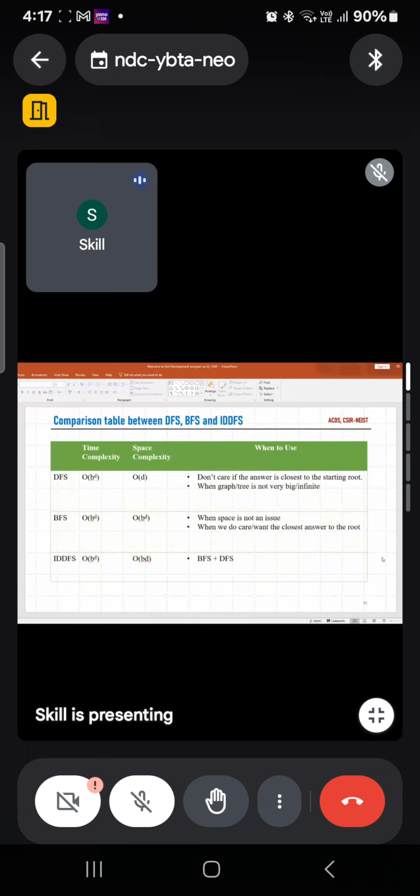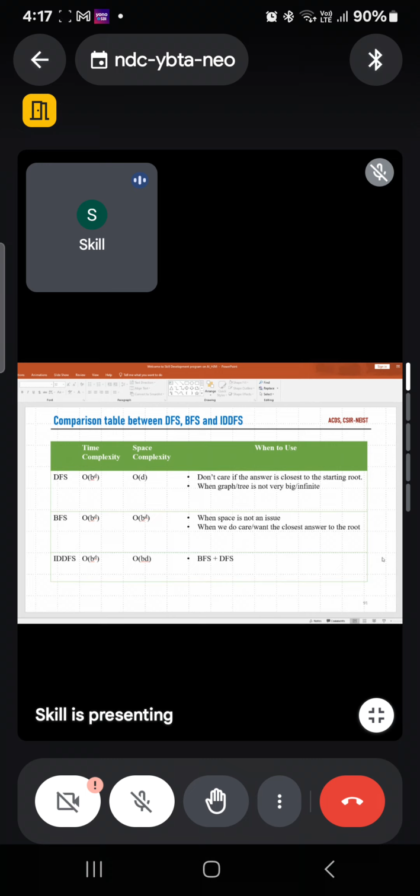In BFS, it starts from level 0, where one node will be there, so it will be visited. Then at depth 1, b number of nodes are there, so they will be visited. And in the second depth, b to the power 2 nodes are there, so they will be visited, up to depth d, where b to the power d nodes will be visited.